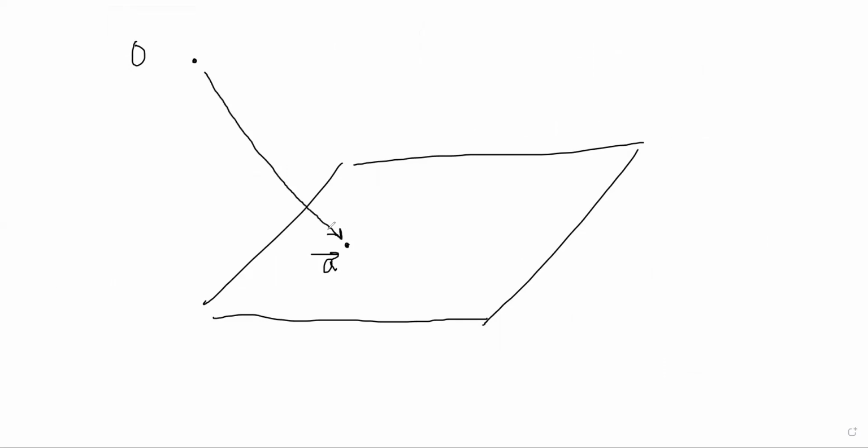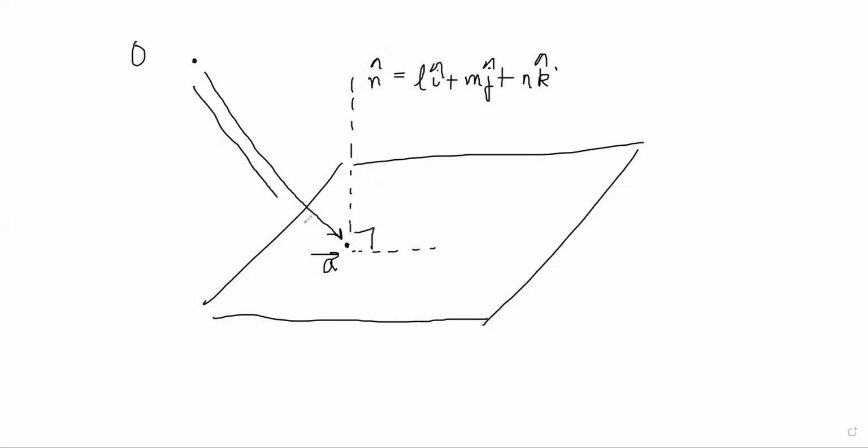And the perpendicular direction is my n cap, which is Li plus Mj plus Nk. This direction makes an angle theta. So when I'm taking OA dot n cap, I'm basically taking the angle between the OA vector and the n vector, this angle.